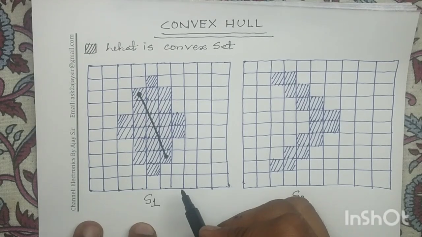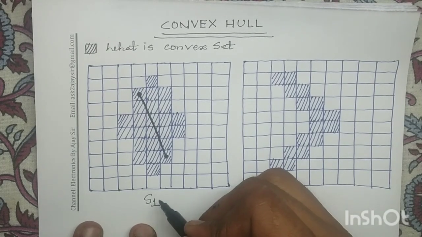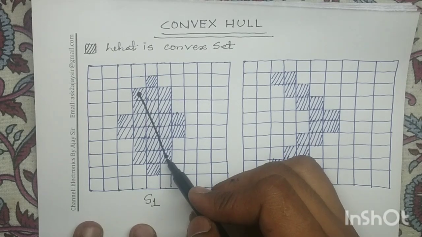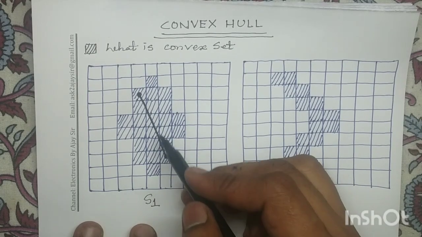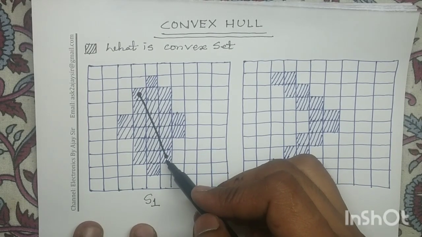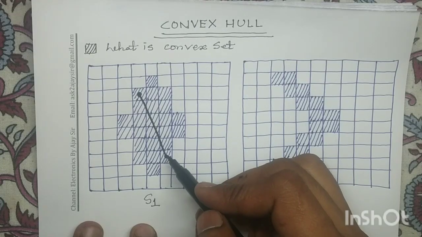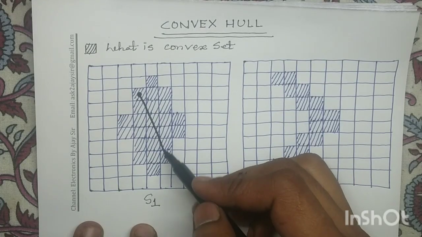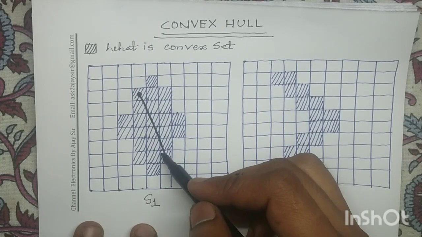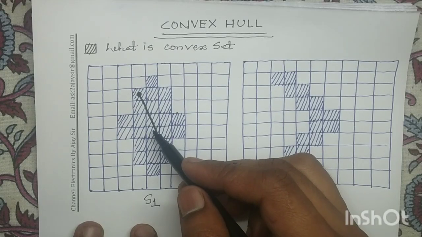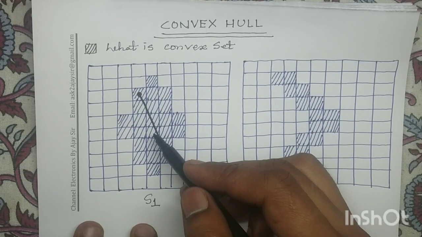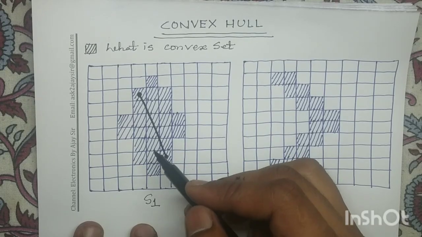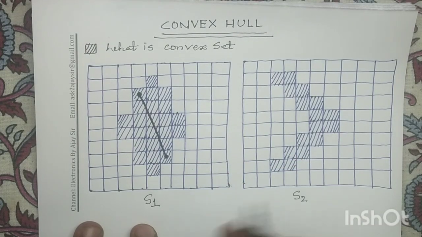So once again, in the object set I choose any two points, that is, I have chosen a pair of points and I connect them with a straight line. If this straight line passes through all the object pixels, if this straight line passes through the object set, then we say our object set is convex in nature.